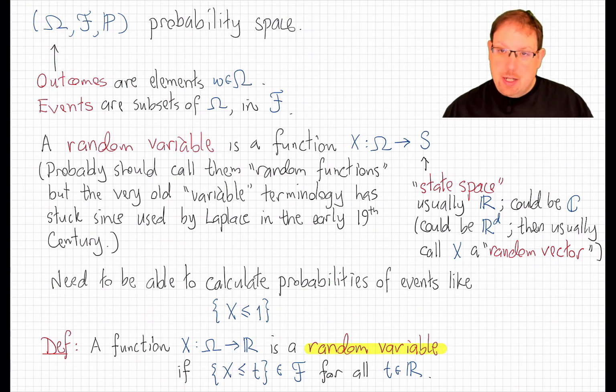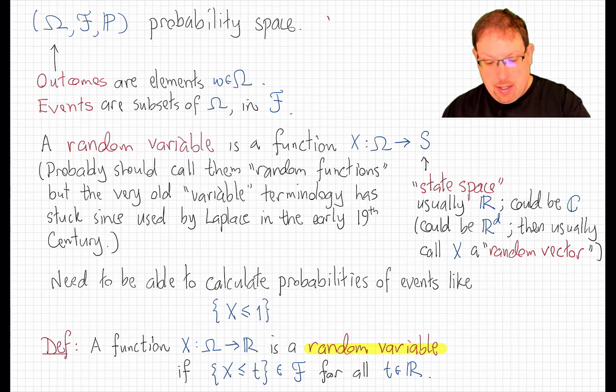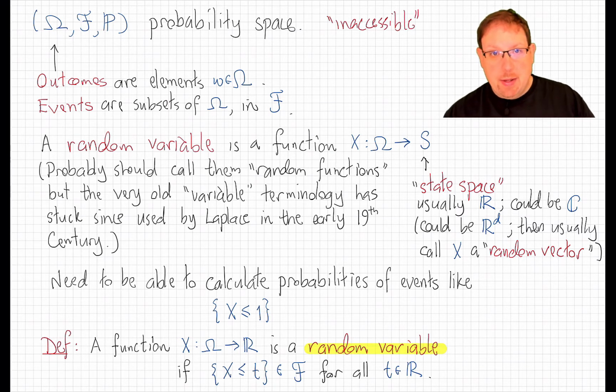But it's important to understand that in probability theory, usually the probability space is in the background. It is, in a word, inaccessible. We actually don't know much about the modeling probability space. We can only derive things about measurements that we take in experiments. And so most of the time, random variables will provide most of the information that we can actually get.